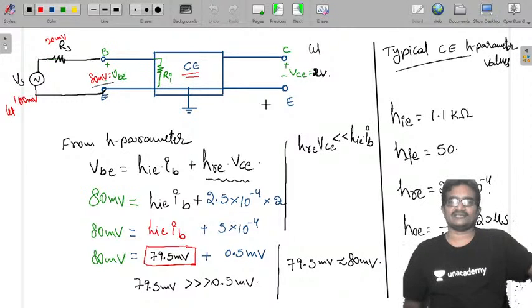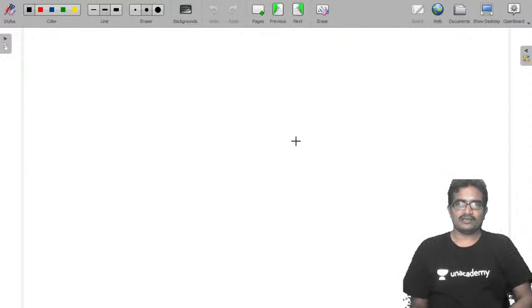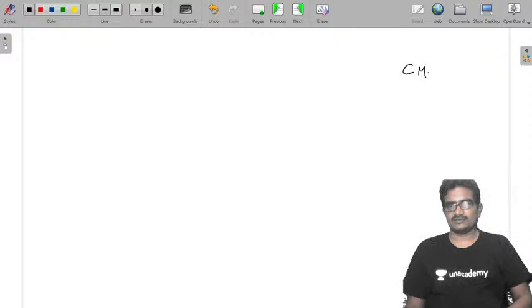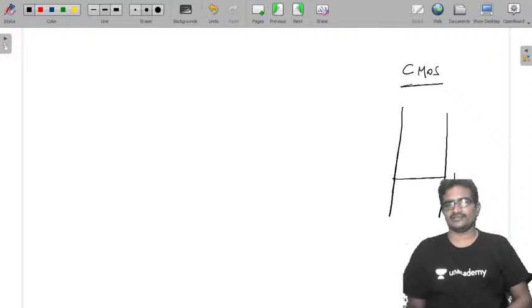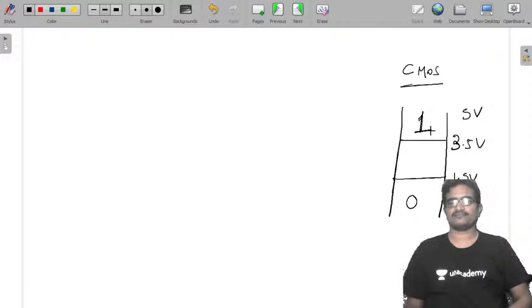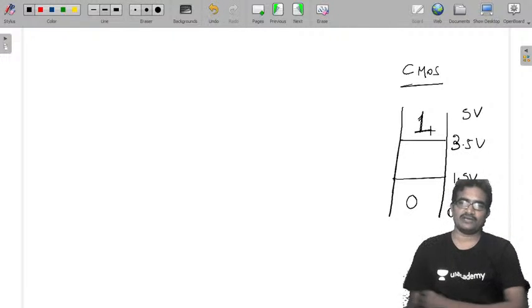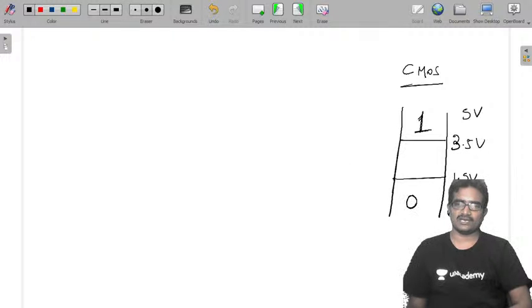For example, in CMOS technology, a voltage in between 0 to 1.5 volts is considered as logic 0, and 3.5 to 5 volts is considered as logic 1. Okay, logic 0 and logic 1.